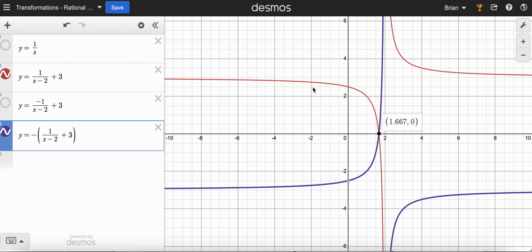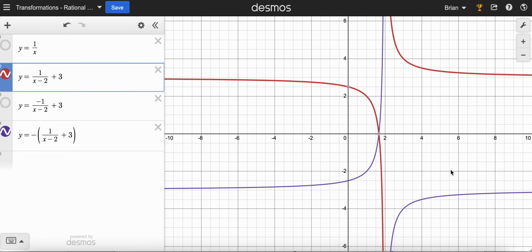These distances between the red graph and the purple graph are the same all the way down from the x-axis. That's because of the reflection. And then the same thing happens in these two parts over on the right, where we have this section that was up here reflected to be all the way down here.